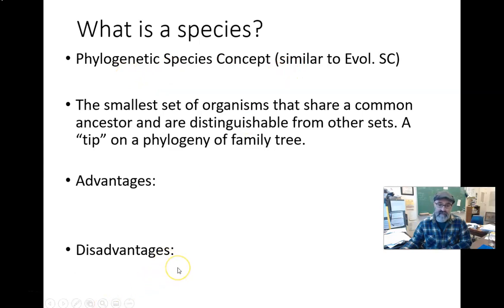Number one, we get back into the subjectivity, because every individual except identical twins is genetically different, so they will be a different branch on the end of the tree. So how far back on the tree do you need to go before you're a different species? How genetically dissimilar do you need to be? And then the other disadvantage is just the amount of training and equipment that's needed to apply this concept. And to me, that's a problem because we still have millions of species to be described, and we can't afford to just have people at large universities with $1 million budgets to be able to describe those species.